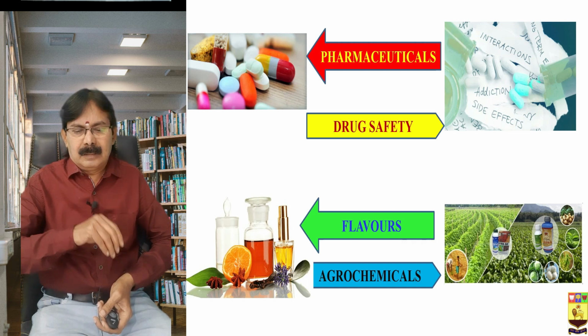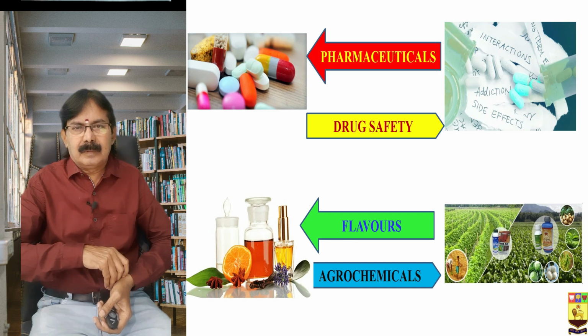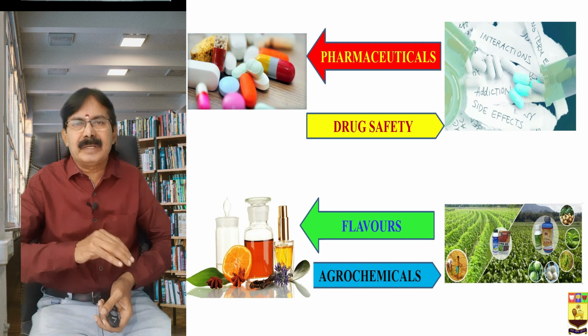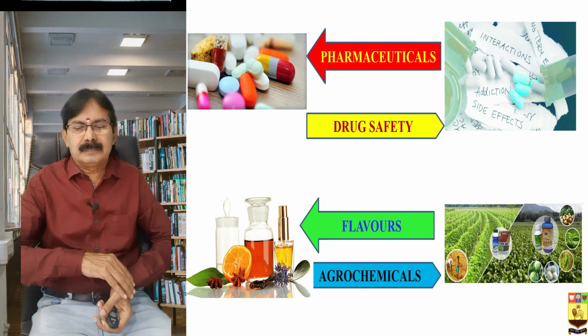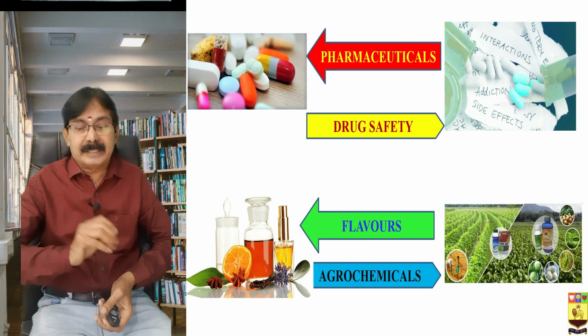Similarly, the herbicide and the fungicide can also be synthesized by using asymmetric synthesis, and using asymmetric synthesis we can go for the plant growth regulations.